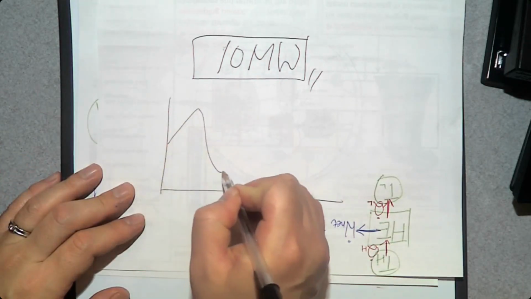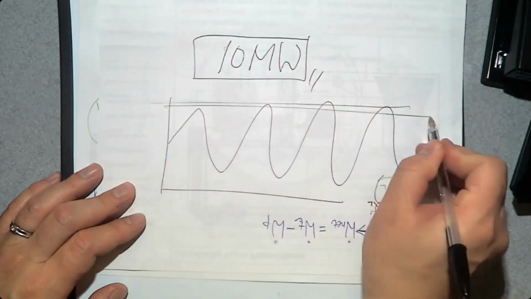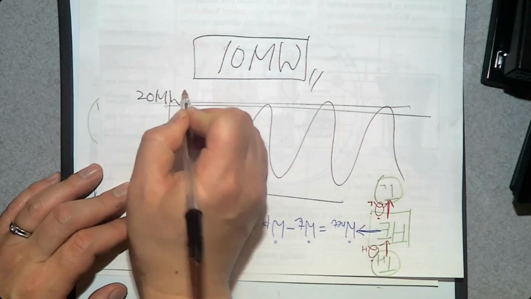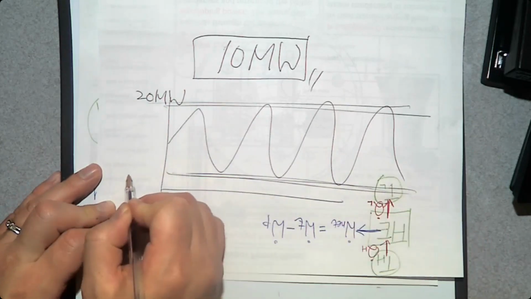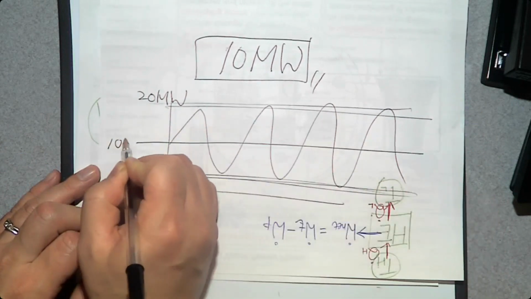So let's say the demand fluctuates like that. The peak is going to be 20 megawatts. The lower peak is going to be, let's say, 5 megawatts. The average is going to be 10 megawatts.